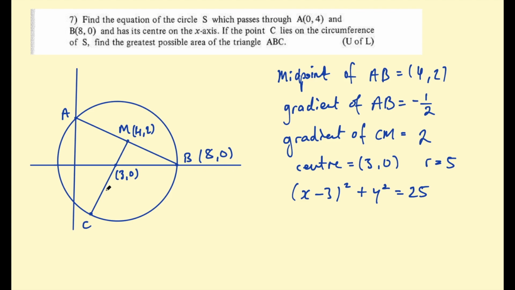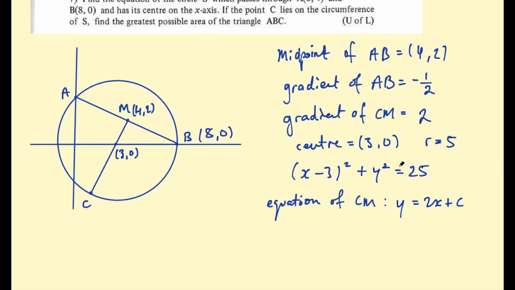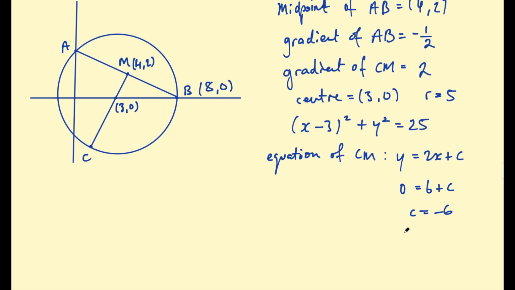Then we want the equation of CM. This is going to be y equals 2x plus something. If we use the point (3, 0), we get 0 equals 6 plus c, so c equals negative 6. So the equation of CM is y equals 2x take 6.